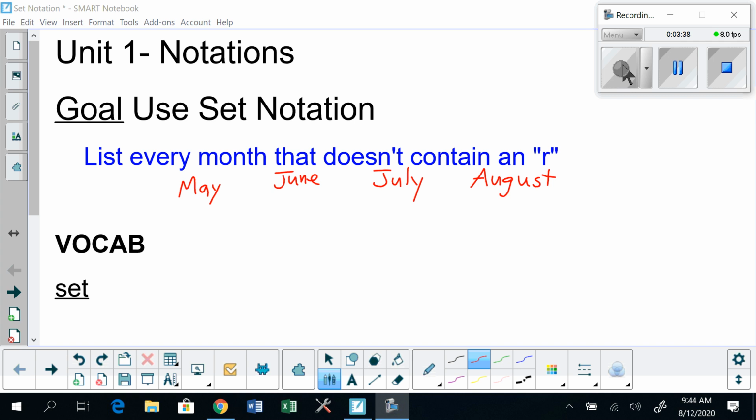The way we write a set is really just a list, but every item in our list is separated by commas, and then we enclose our list using braces. I'm going to put a brace on the left of this list, a brace on the right of this list, and now this list is officially called a set.